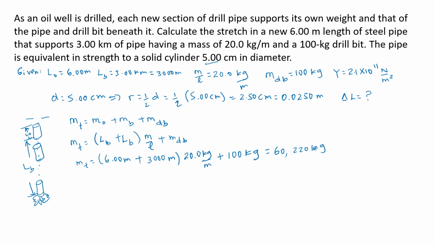Alright, so what is the force going to be? The force is actually equal to the weight of everything that we have in that well, that's going to be total mass times gravitational acceleration. And the total mass we calculated earlier is 60,220 kilograms.